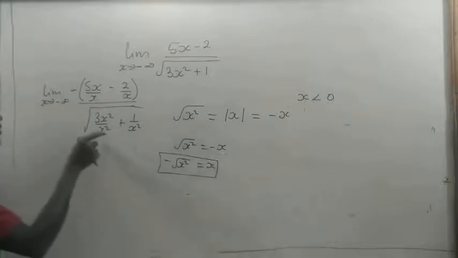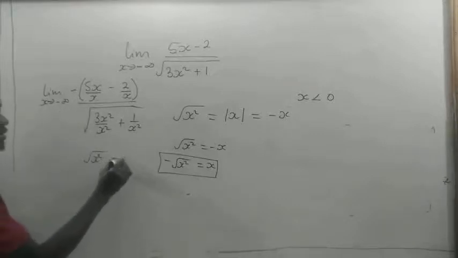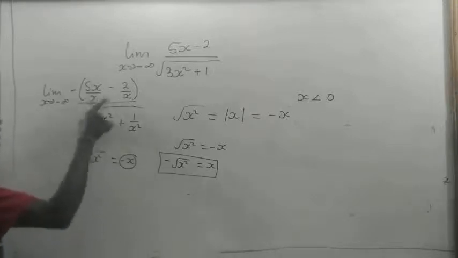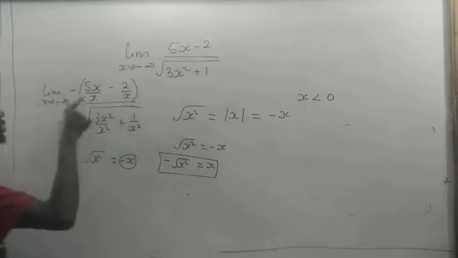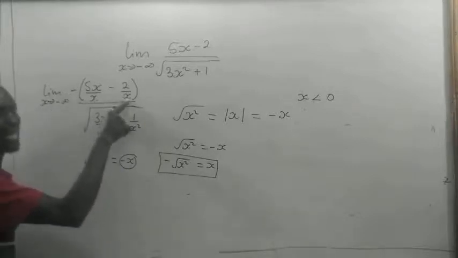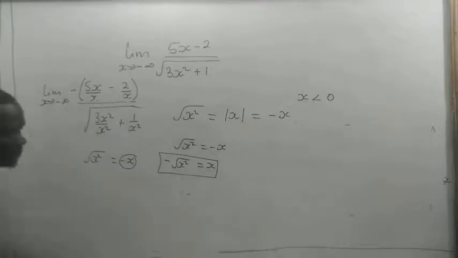So here we are taking the square root of x squared out, and since we are approaching negative infinity, this is the same as negative x. So we divide this one by negative x and divide this one by negative x. It's the same as leaving the negative outside and dividing by x. If you multiply the negative 2, we get the same thing. Right?